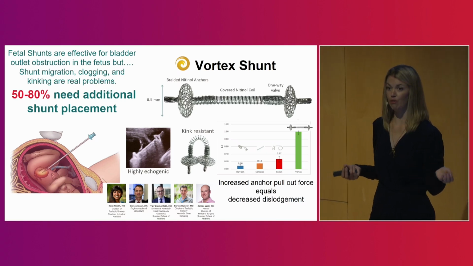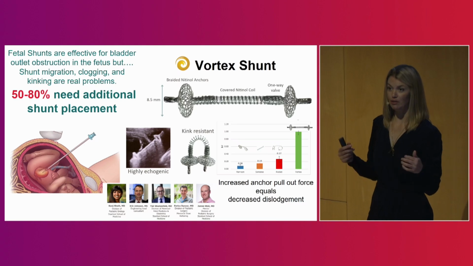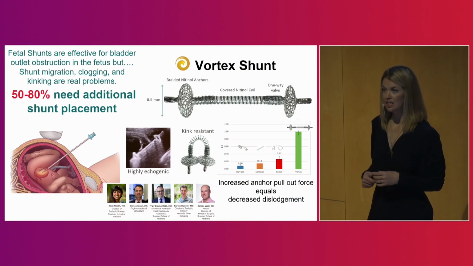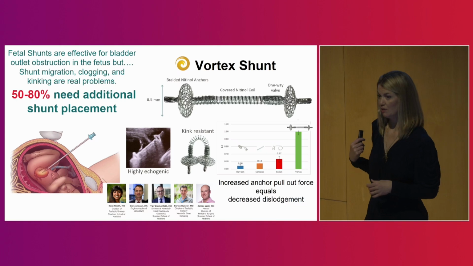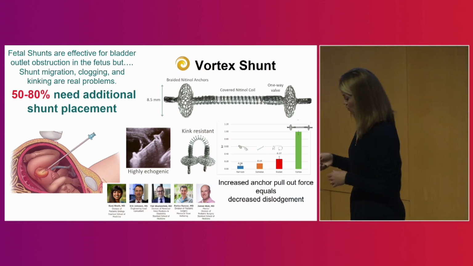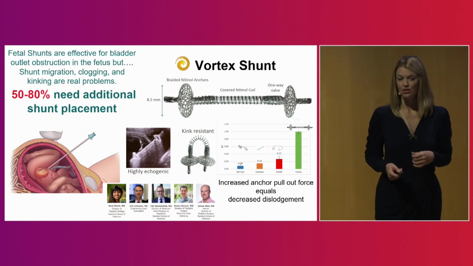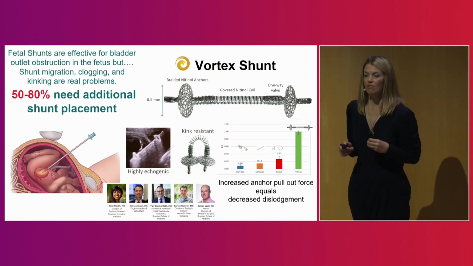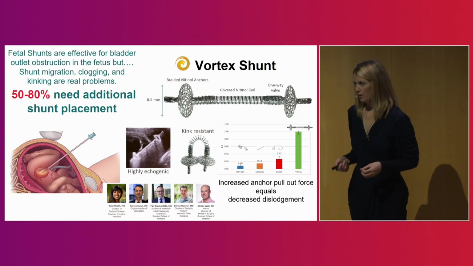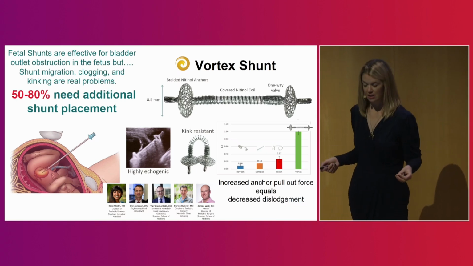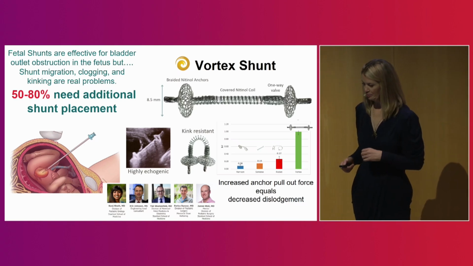So you actually have to go through into the amniotic fluid, into the baby to put in a shunt. And usually you have to do this 6 to 7 times because they fall out or they get kinked. Well, she has developed one that doesn't, and they're in animal models right now. So she has really found a real model for a very small population with a very big impact and been able to really make it happen.